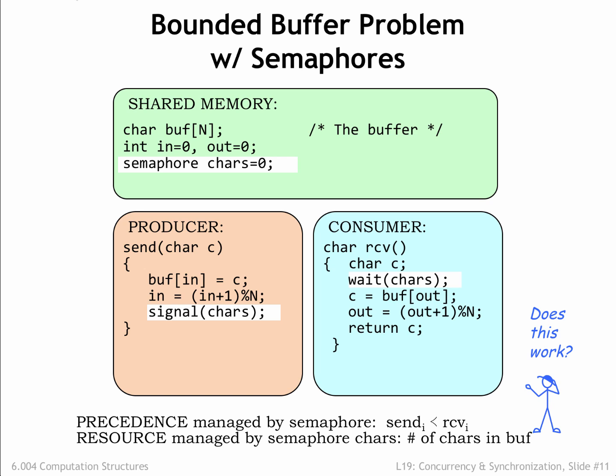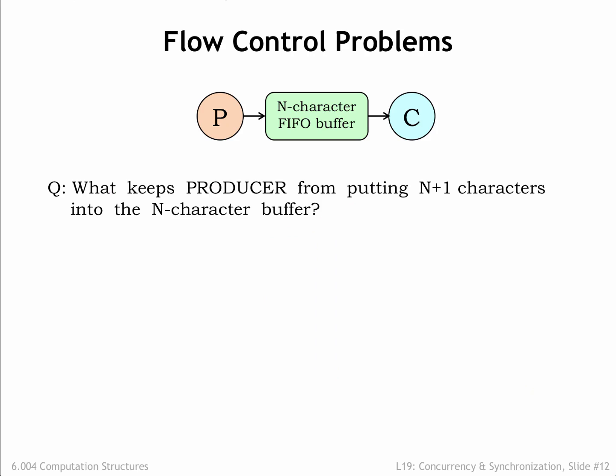Does this mean our producer and consumer are now properly synchronized? Using the chars semaphore, we implemented one of the two precedence constraints we identified as being necessary for correct operation. Next, we'll see how to implement the other precedence constraint. What keeps the producer from putting more than n characters into the n-character buffer? Nothing.